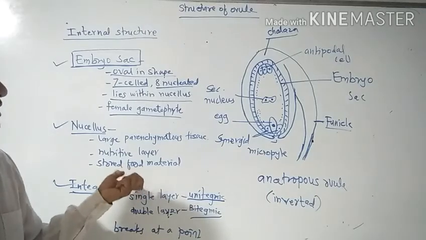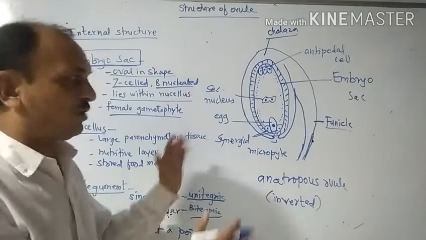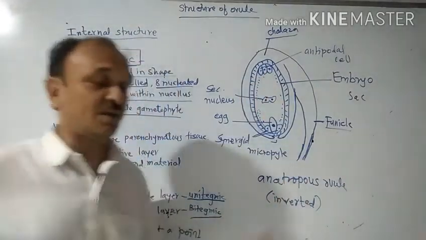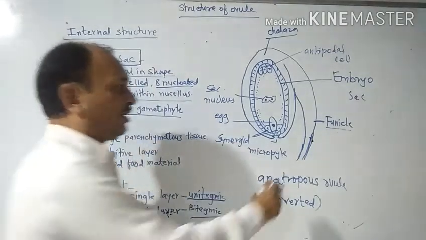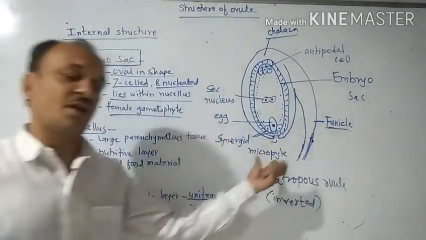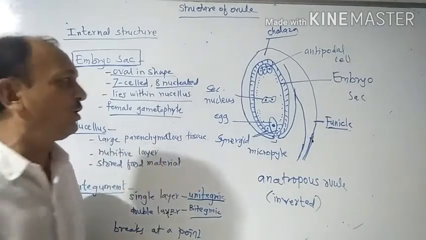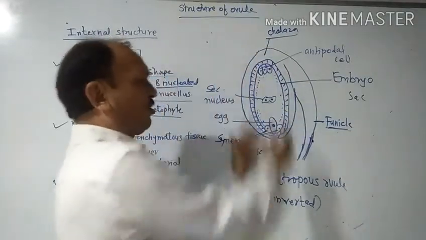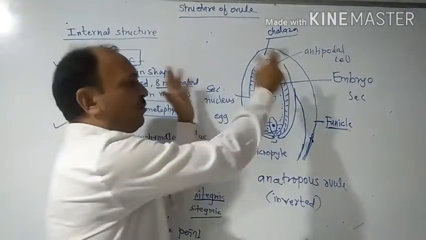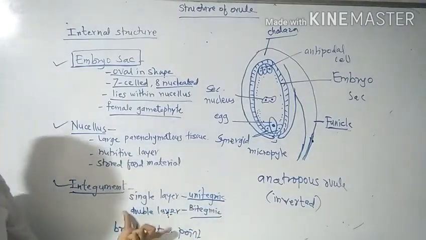So first of all, from the outer side, I am repeating, when the ovule is attached to the ovary, it is attached with the stalk-like structure, the funicle. Then there is the entire body of the ovule, consisting of the integument, the outermost part, which is a single layer or double layer.